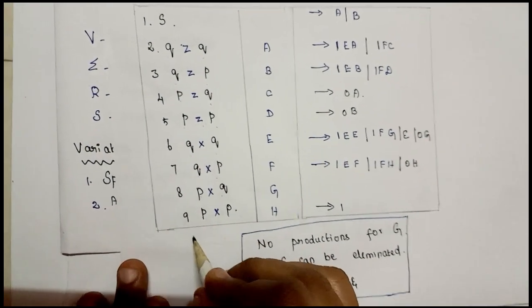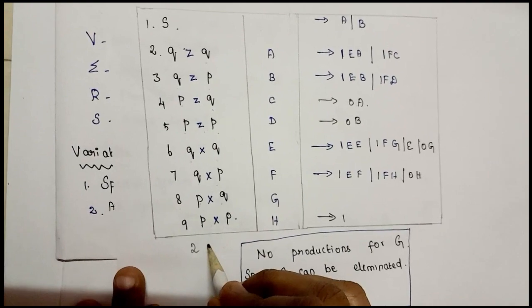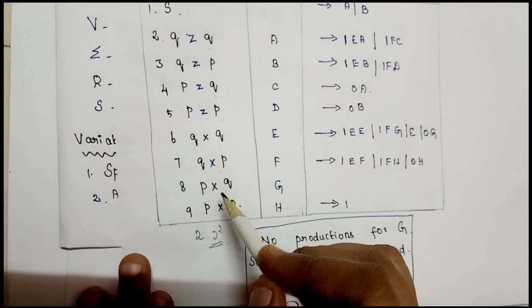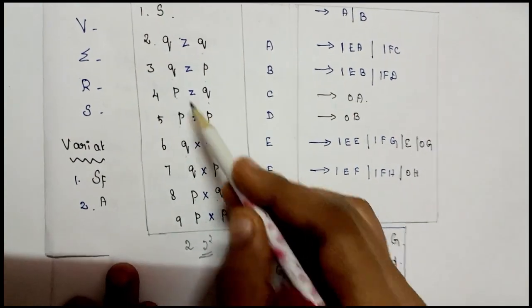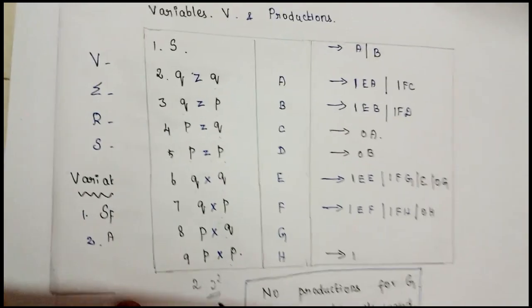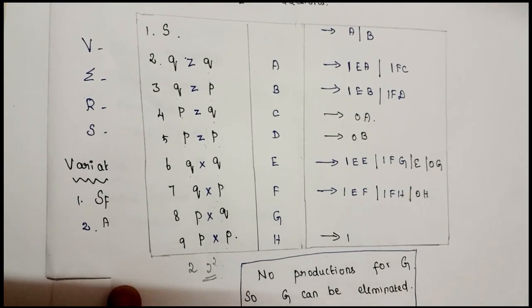As we have two states, we get 2 to the power 2, 4 combinations, and we have two stack symbols, so 4 into 2, 8 variables. If we have 3 states, we have to take accordingly.